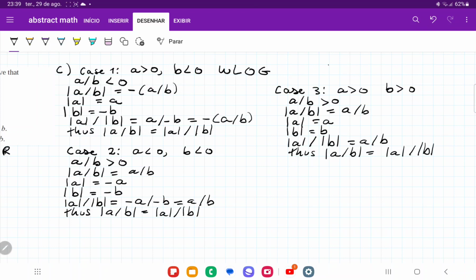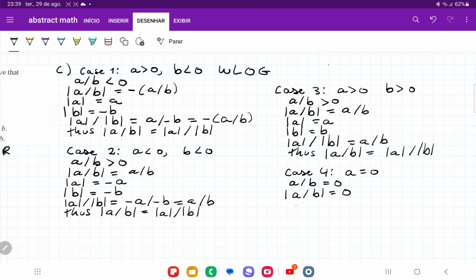And lastly, because we've shown where they're both negative, both positive, and where they have different signs, the last case is where A is equal to 0. Remember that B can't be equal to 0. So case 4, where A is equal to 0. In this case, A divided by B is 0. And so the absolute value of A over B is going to be equal to 0.